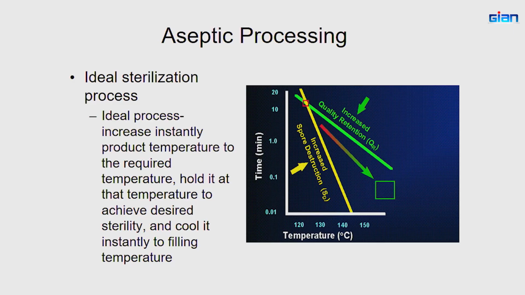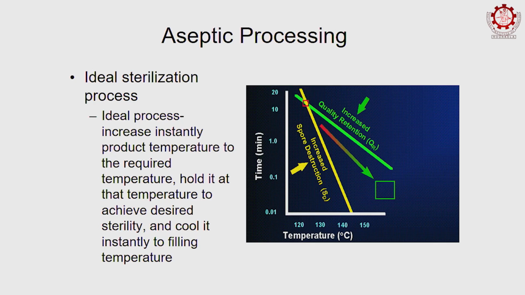So, when you are sterilizing food, that means you inactivate all the vegetative bacteria as well as spore formers. You want to increase the temperature of the product instantaneously, so that you kill the bacteria and the spore-forming bacteria without damaging the nutrients.